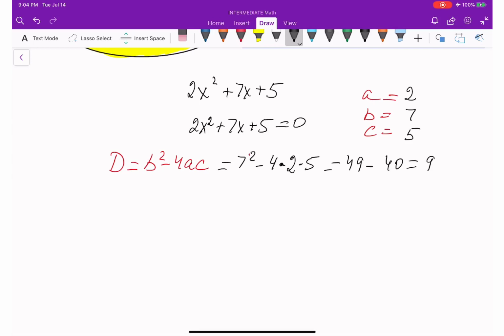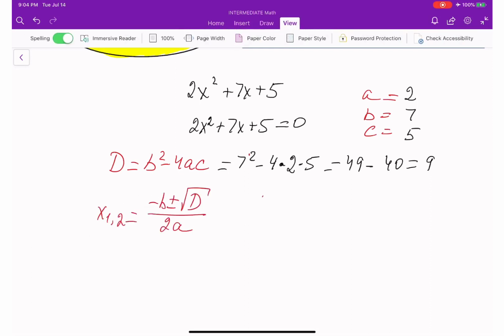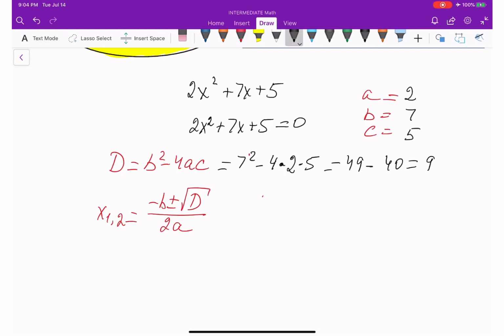All right, x1,2 is equal to negative b plus minus the square root of the discriminant over 2a. So that is equal to negative b, which is negative 7, plus minus the square root of 9, which is 3, over 2 times 2. So that is equal to negative 7 plus minus 3 over 4.